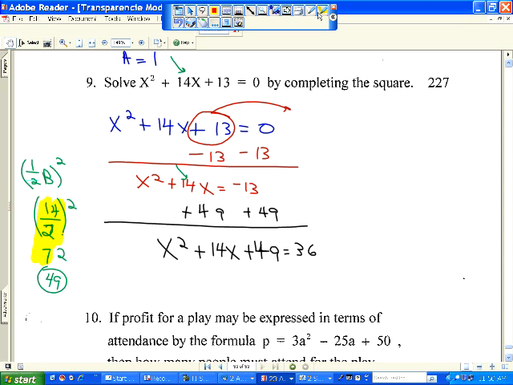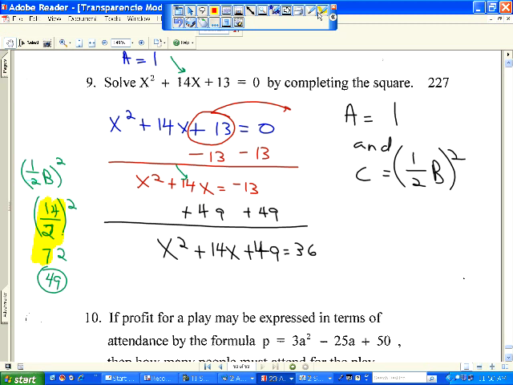Here's what makes a perfect square trinomial. To be a perfect square trinomial, a needs to be equal to 1, and c is equal to 1/2 of b squared. If a is 1 and c is half of b squared, then what you have is a perfect square trinomial. So what did we do?